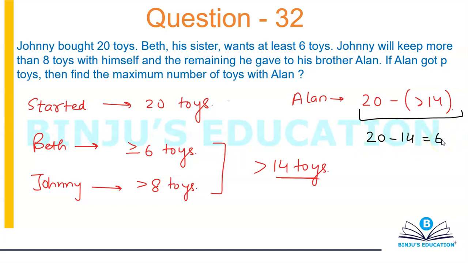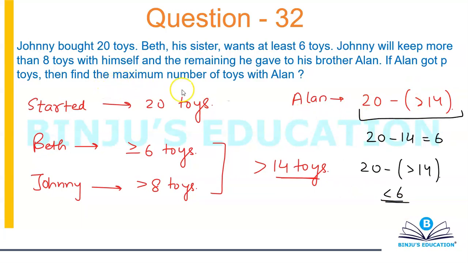But this is 20 minus a number greater than 14. So that means the result will be less than 6. So Alan got P number of toys, which is less than 6.